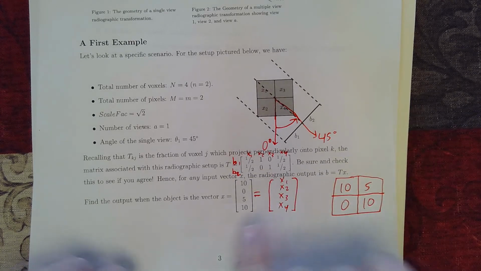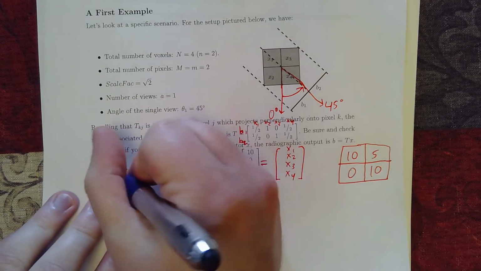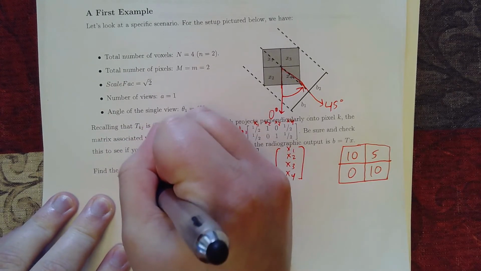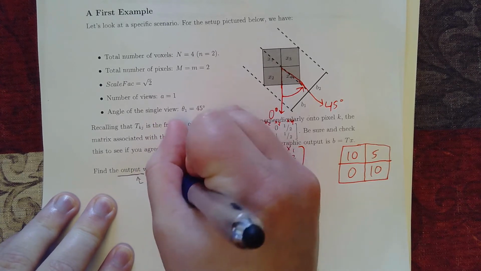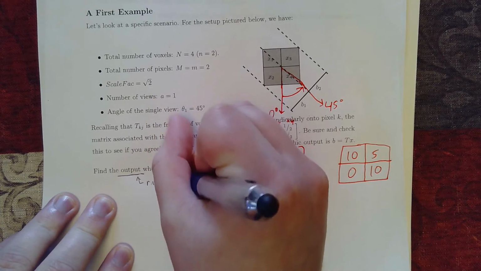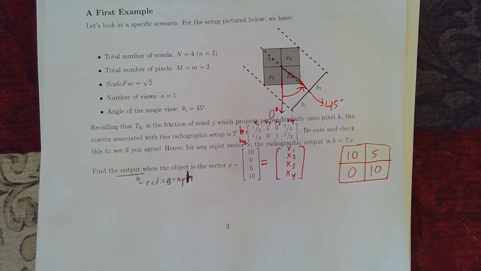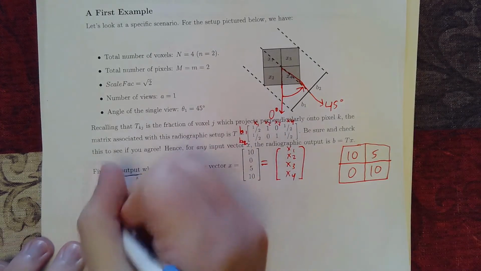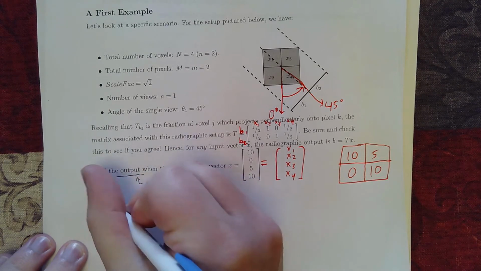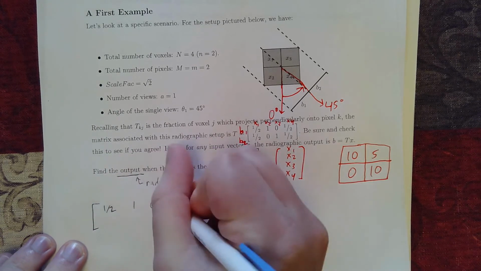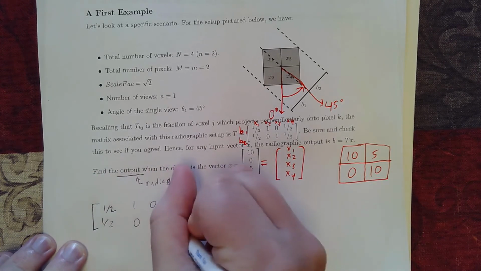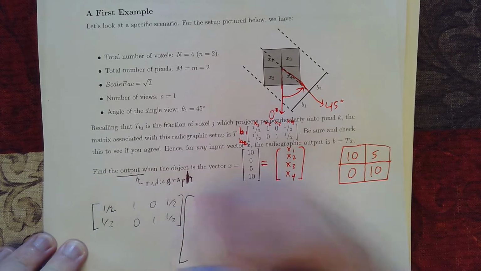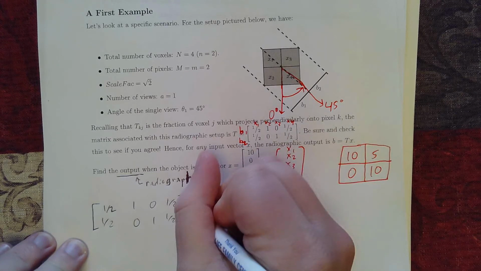And so as we try to find the output, which we're going to be calling a radiograph, what we will do is take 1/2, 1, 0, 1/2, 1/2, 0, 1, 1/2, and multiply it by 10, 0, 5, 10.